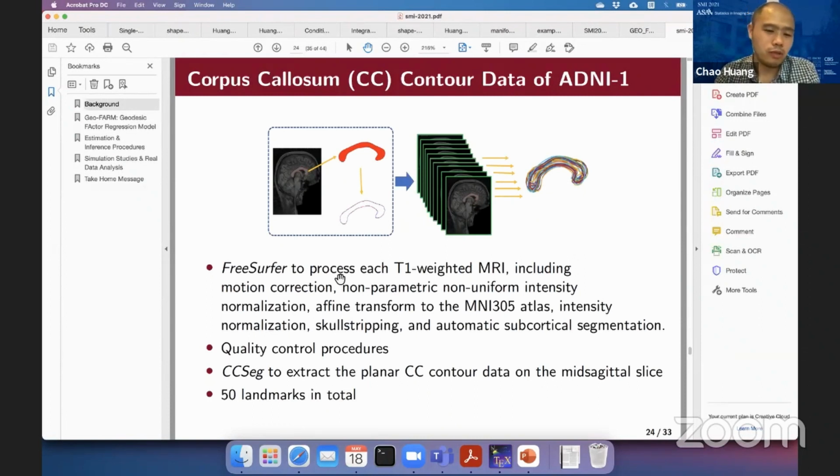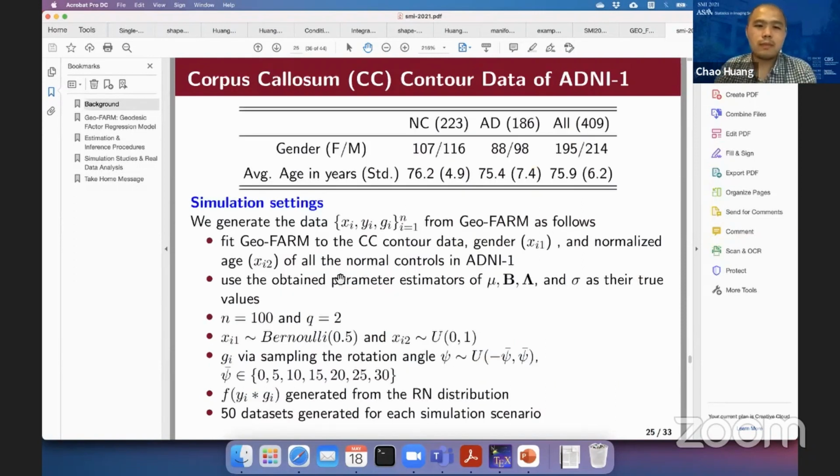After that, we use CC-SAG, which is software to extract the contour information of the CC as a sagittal view on the middle sagittal slice. After that, we have 50 landmarks in total for each CC contour. In total, we have 409 subjects after this imaging pre-processing, and this is the demographic information for all these subjects.